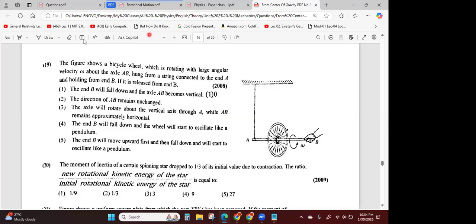The figure shows a bicycle wheel which is rotating with large angular velocity omega about the axle AB, hung from a string connected at end A, and held at end B. If it is released from end B, the end B will fall down and the axle AB becomes vertical. Okay, you have to select the correct one.